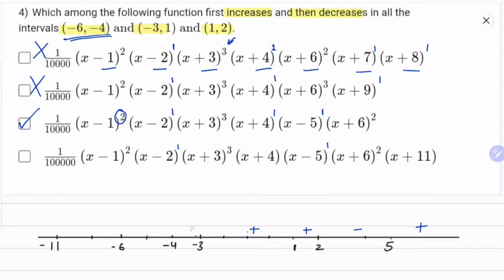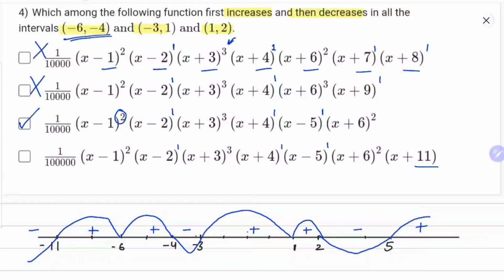Then minus 3 has odd power, so the sign will change. Minus 4 also has odd power, so the sign will again change. Minus 6 has an even power, so the sign won't change. And minus 11 has an odd power, so the sign will change. So that's how the graph will look. It will look something like this.